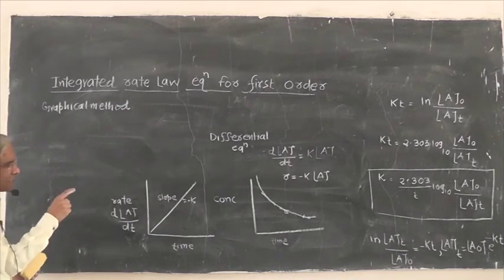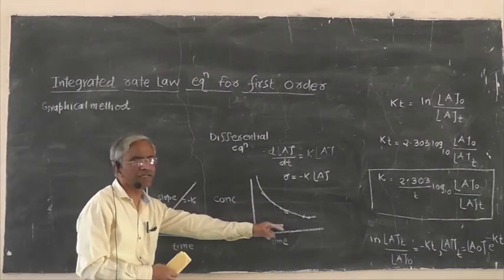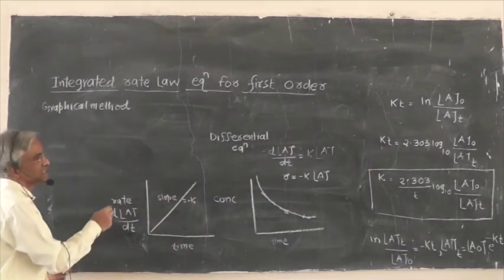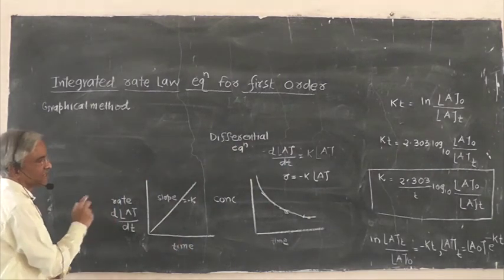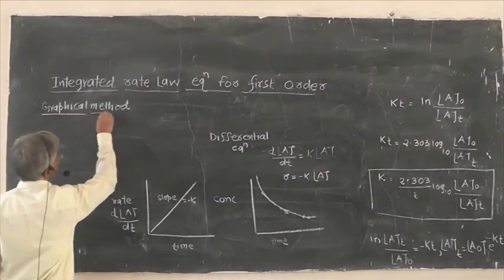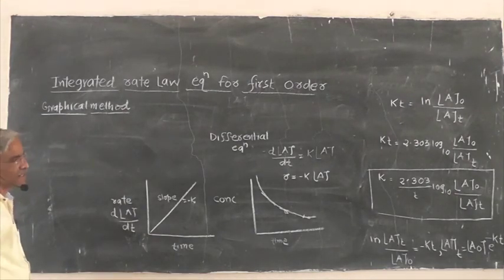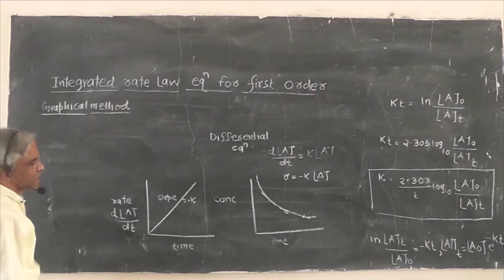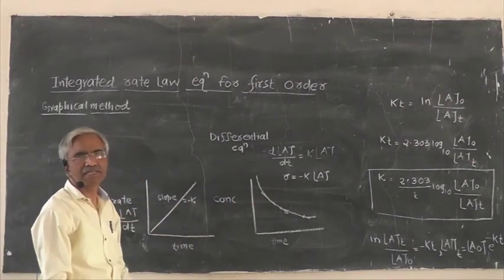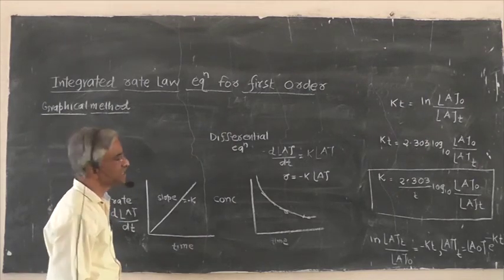But plotting the graphs and calculating the instantaneous rate by the differential method is always a tedious, difficult job, and therefore we always select the graphical method based upon the integrated rate law equation, because in this case it is a bit tedious to calculate the instantaneous rates, 3 or 4 or 5 readings of instantaneous rate.